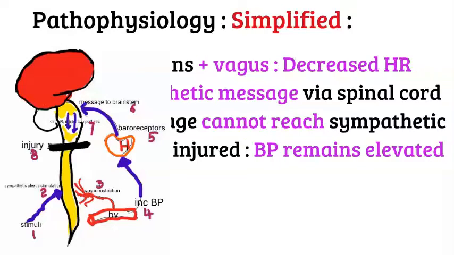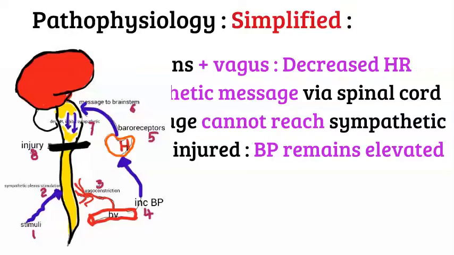This simple illustration shows: number 1, it started off from stimulation below the level of the cord injury, then number 2, there would be a sympathetic plexus stimulation. Number 3, there will be a vasoconstriction of the blood vessels that will increase the blood pressure. This increased blood pressure will be detected by the baroreceptors at the heart region, and the signal message will be sent to the brainstem.